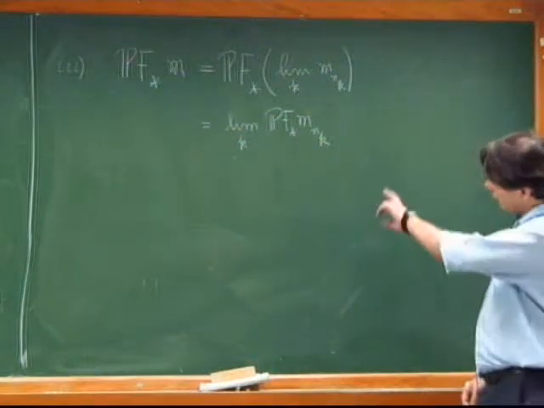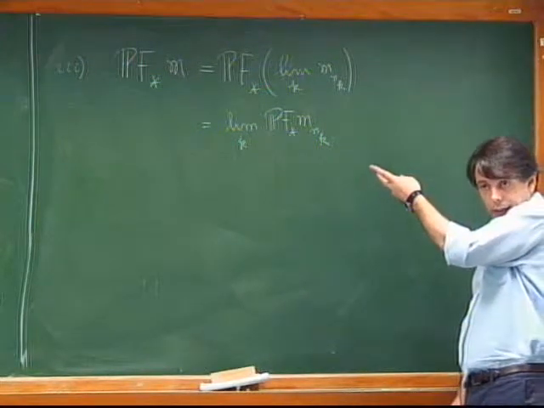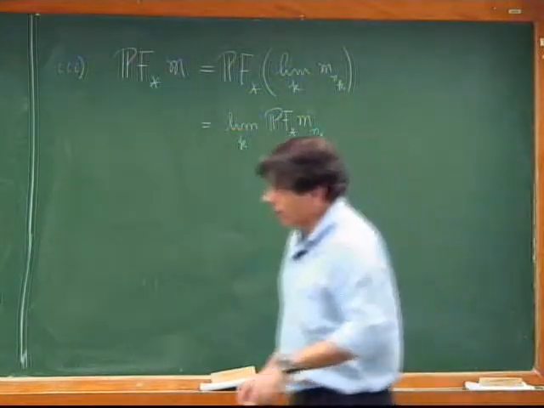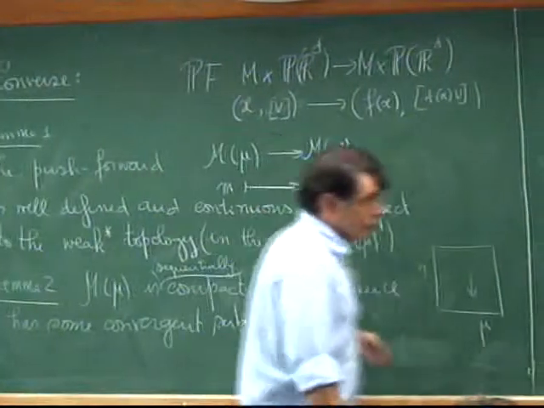So why am I allowed to switch the limit with Pf? Because Pf is continuous. This is by lemma 1.